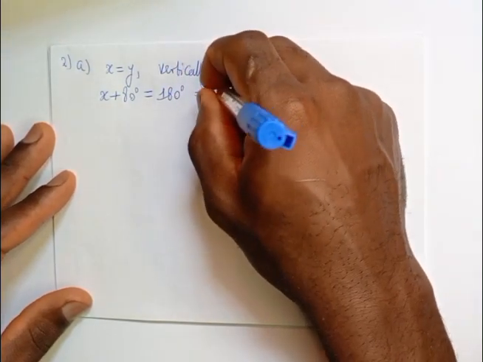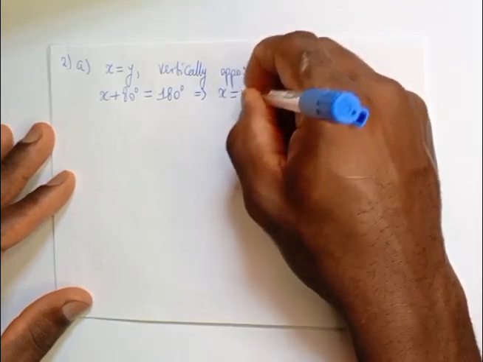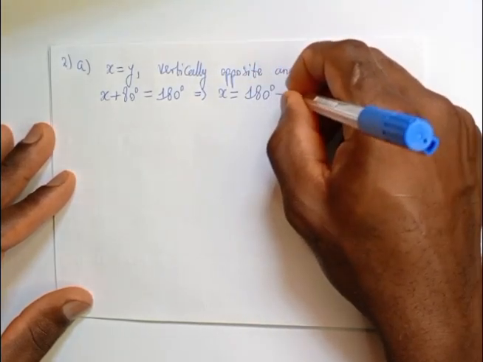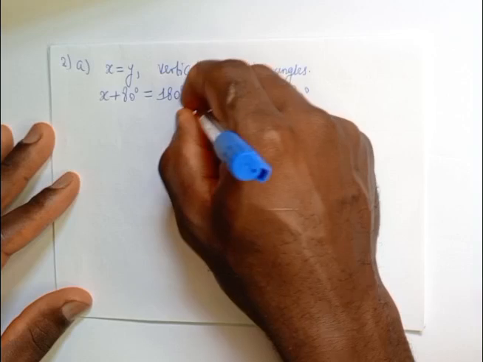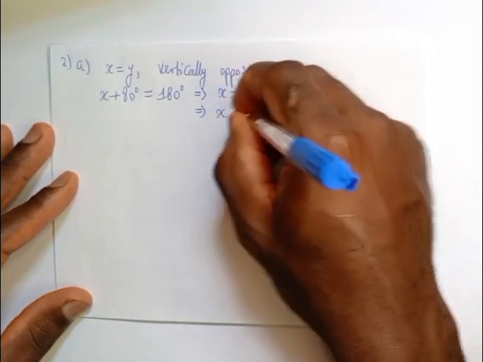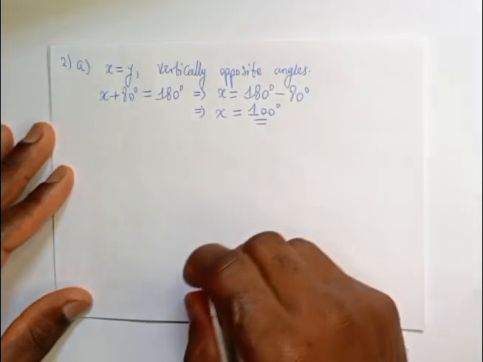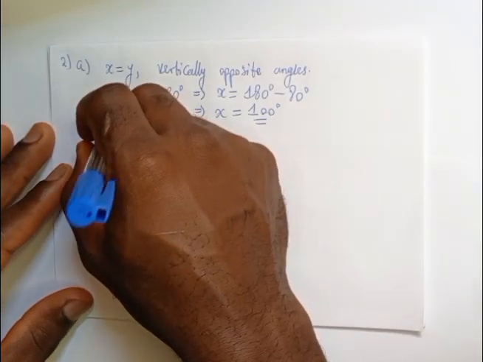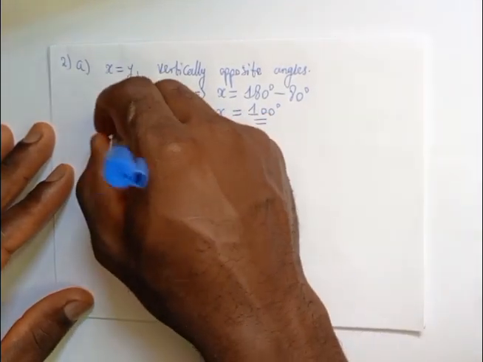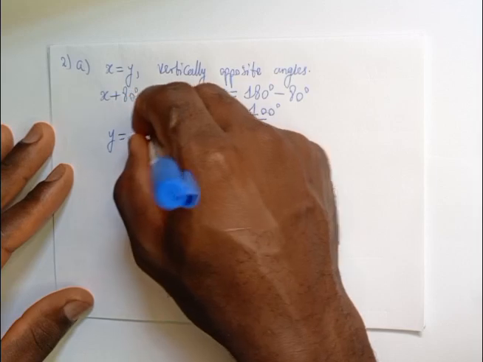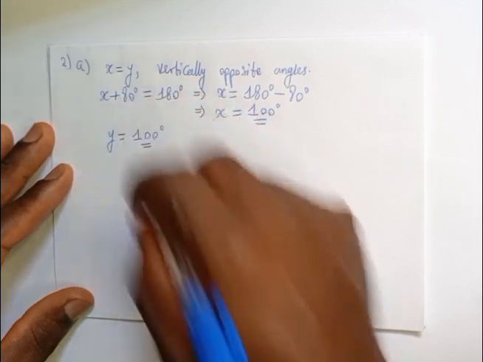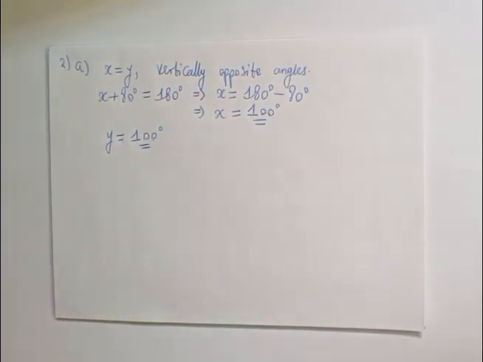Then X will be equal to 180 degrees minus 80 degrees. Our X will simply be equal to 100 degrees. X equals 100 degrees, that means the angle Y will be equal to 100 degrees, since the angles X and Y are vertically opposite angles.